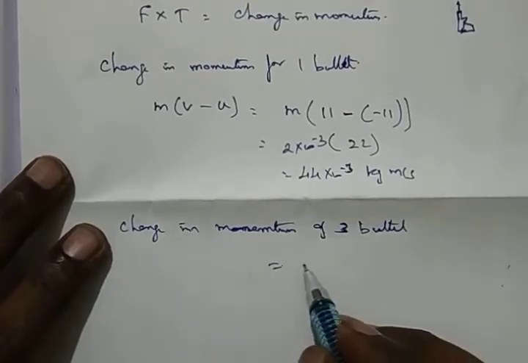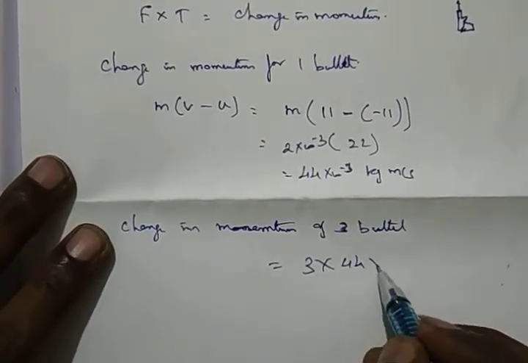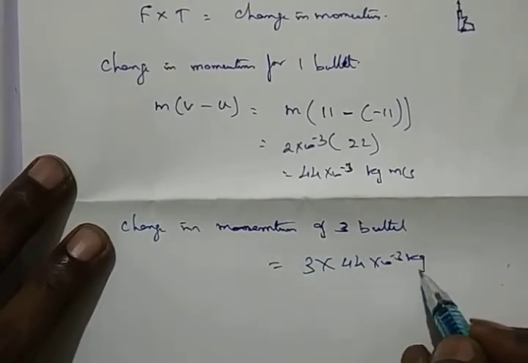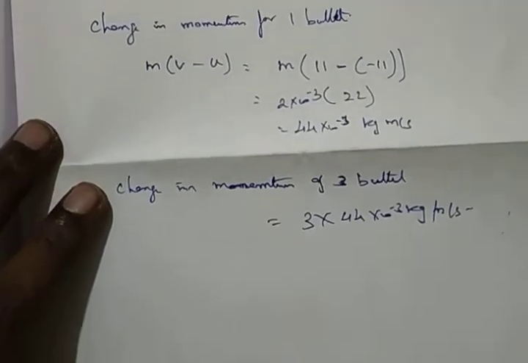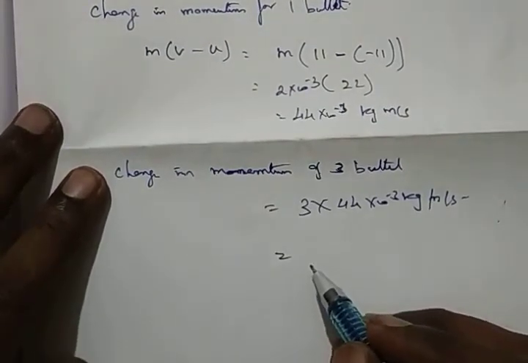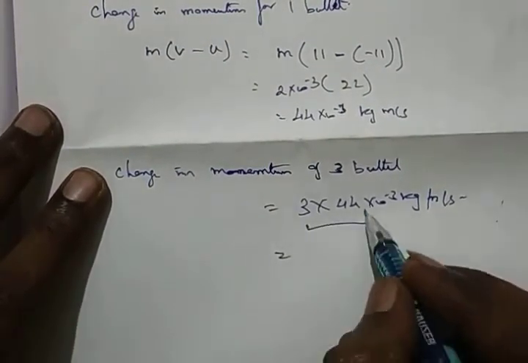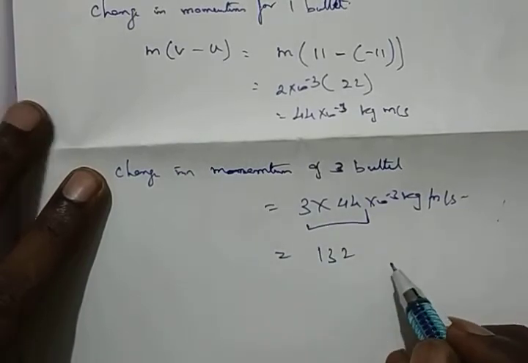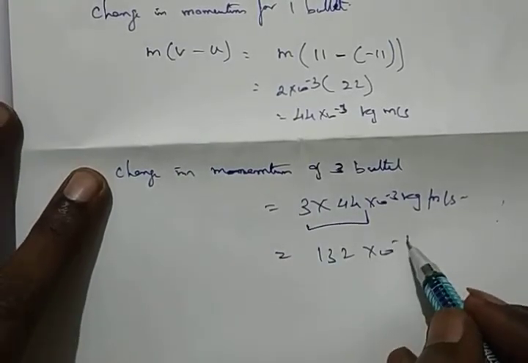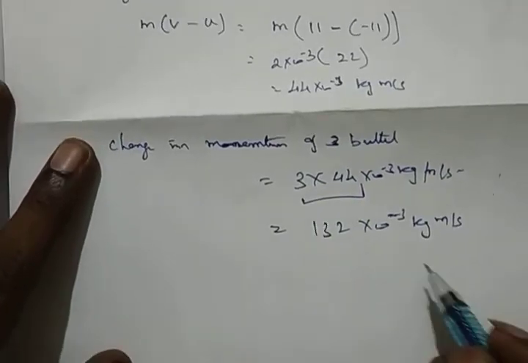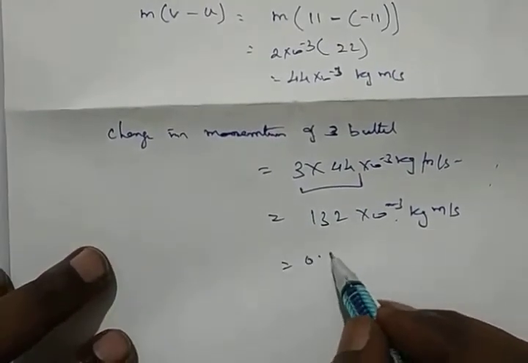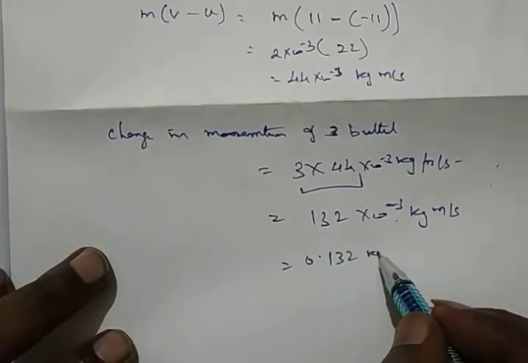So it's going to be equal to 3 into 44 into 10 to the power of minus 3 kg meter per second. Right? So what's the answer here? These two things is going to be 132 into 10 to the power of minus 3 kg meter per second. If you want to shift this decimal point, 0.132 also you can say kg meter per second.